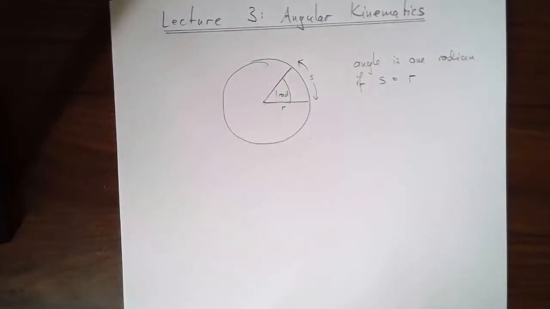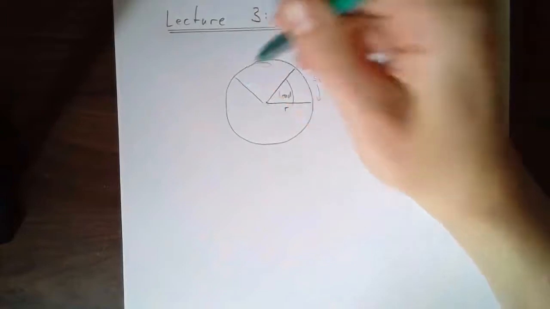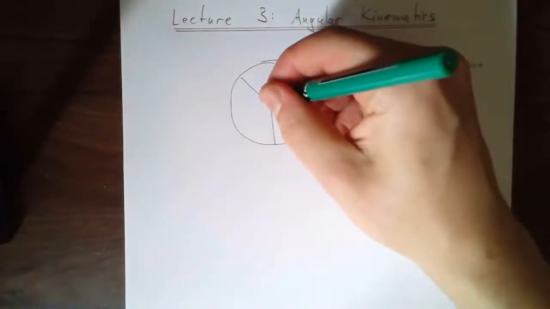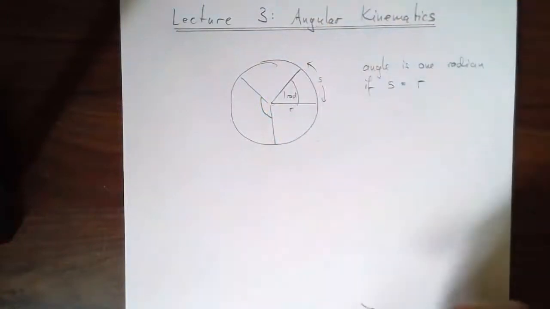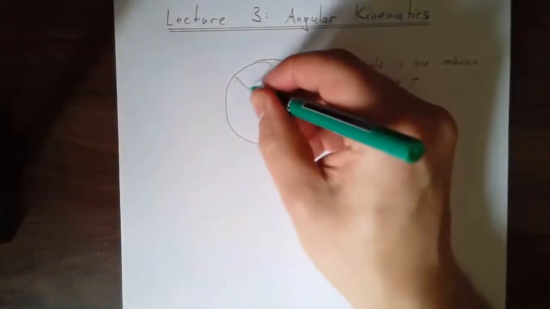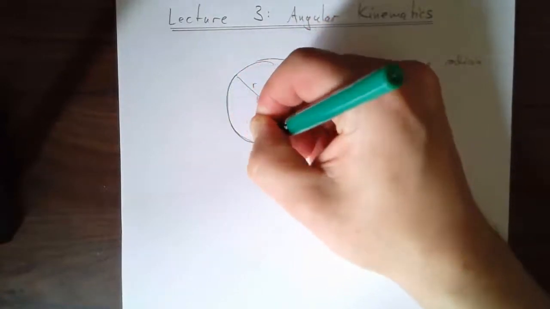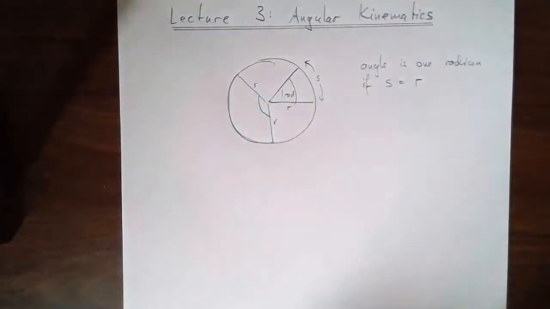Suppose I have some other angle. Maybe I care about this angle here. How many radians is this? Well, the radius is the same no matter what. And I can go around the edge here. I ask, how long is this?